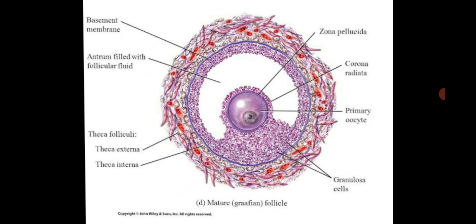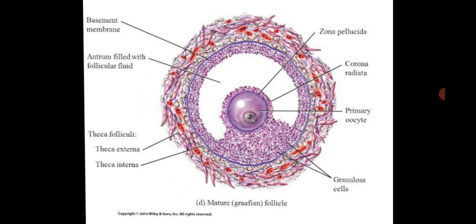To one side is attached a well-developed secondary oocyte having an ooplasm and a conspicuous nucleus with nucleolus and different organelles. The attachment is known as cumulus oophorus.